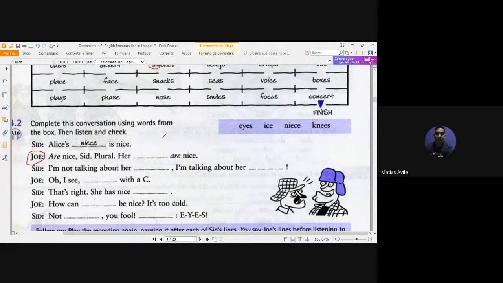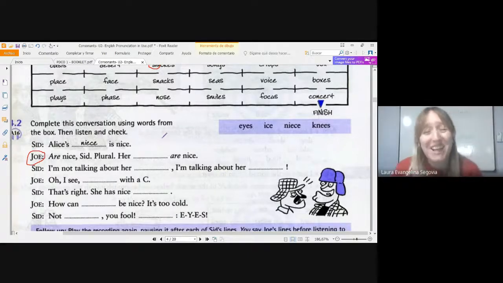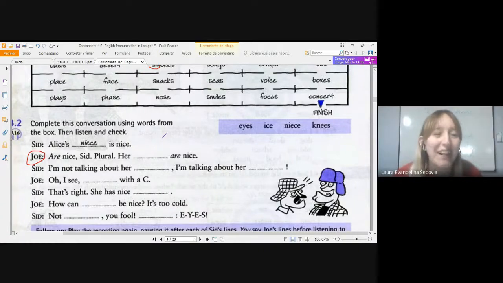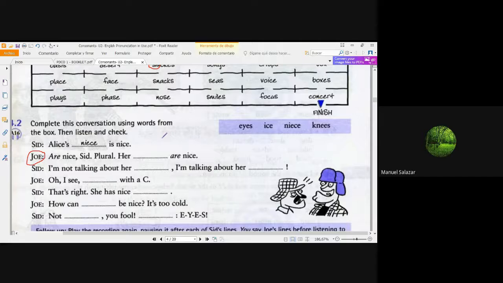She has nice eyes. Manuel: How can ice be nice? It's too cold.